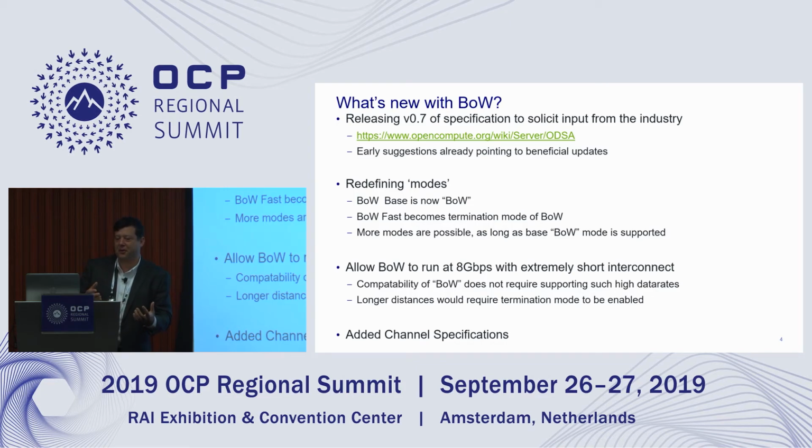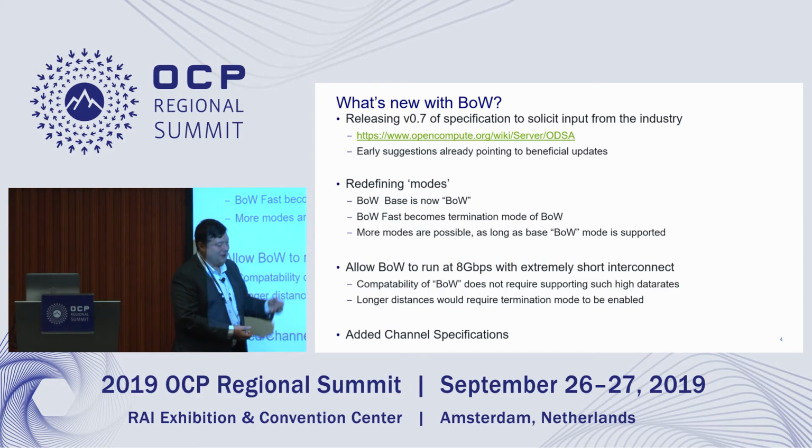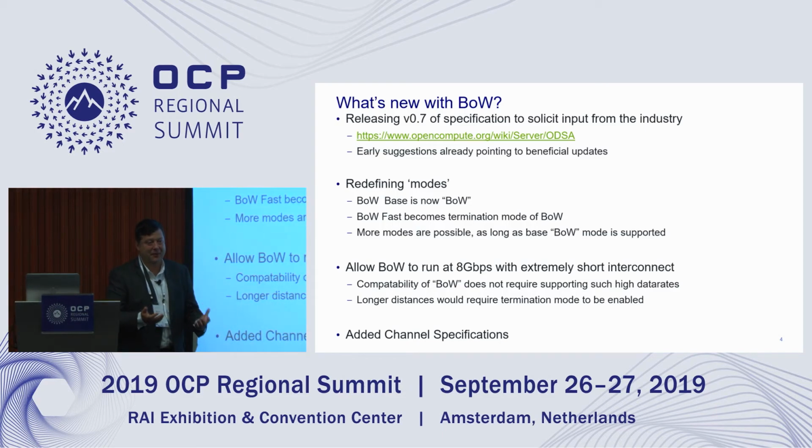Is that what it is? Proposal. Now that DJ's not here, we'll call it a spec. A 0.7 proposal that we want to share with the industry and get feedback. Frankly, we had a lot more written in the proposal that we took out so that we could at least set some ground rules that most folks can agree on.